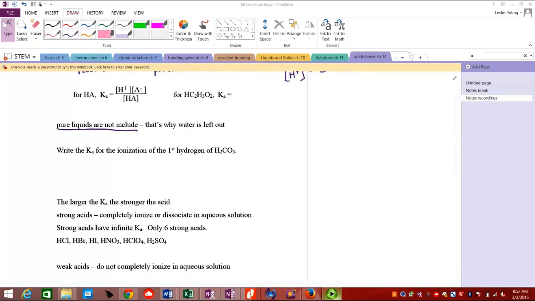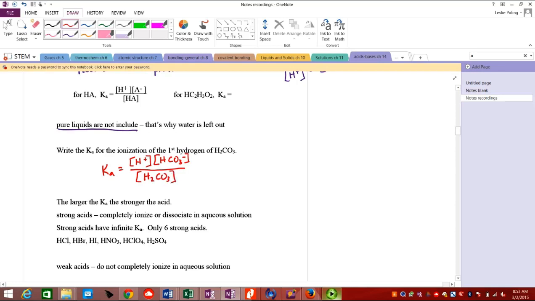So our Ka for H2CO3. Notice it says for the first hydrogen. So that means H plus is our first thing, and everything else that's left, HCO3 minus. Then on the bottom, the whole thing together.